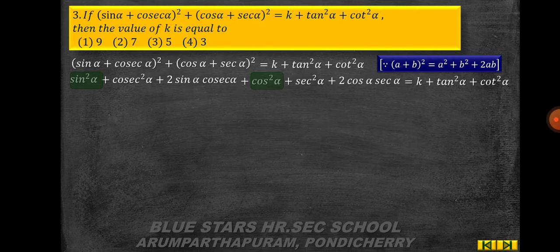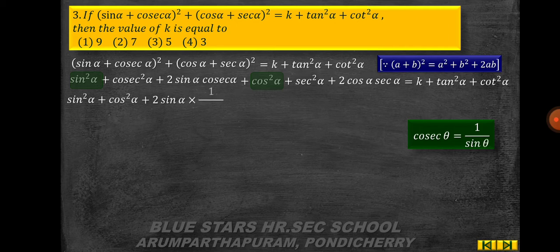We know the trigonometric identity sin square alpha plus cos square alpha value is 1. Then cosecant alpha is equal to 1 by sin alpha, so plus 2 sin alpha into 1 by sin alpha plus secant square alpha plus cosecant square alpha.